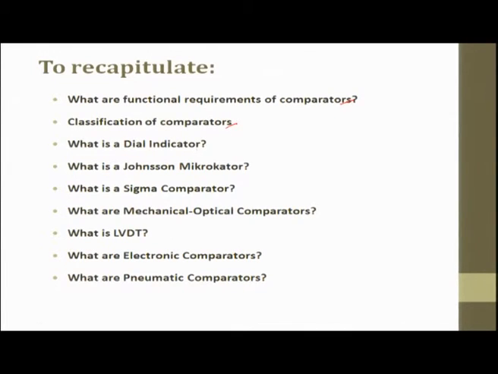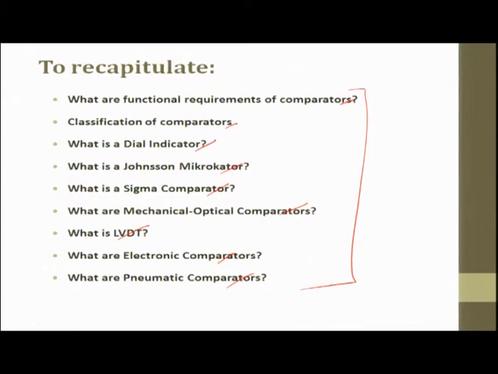We saw mechanical types, that is dial gauge, Johnson Mikrokator, then Sigma comparator, then mechanical optical comparator, then LVDT, linear variable differential transformer, wherein there was a primary coil, secondary coil, and then inducing. Then we saw electrical comparator. Finally, we saw what is pneumatic comparator. So, these are all the different kinds of comparators available in the market, which are used for measurement.